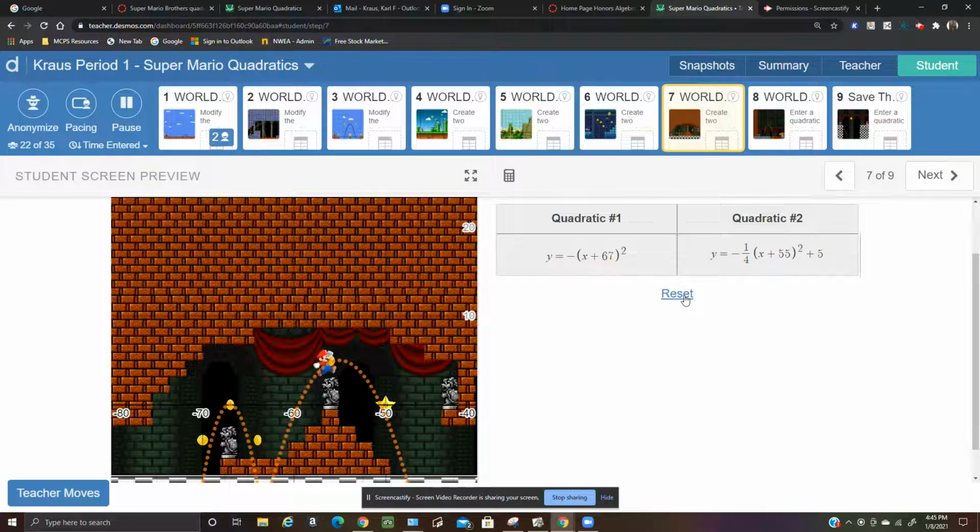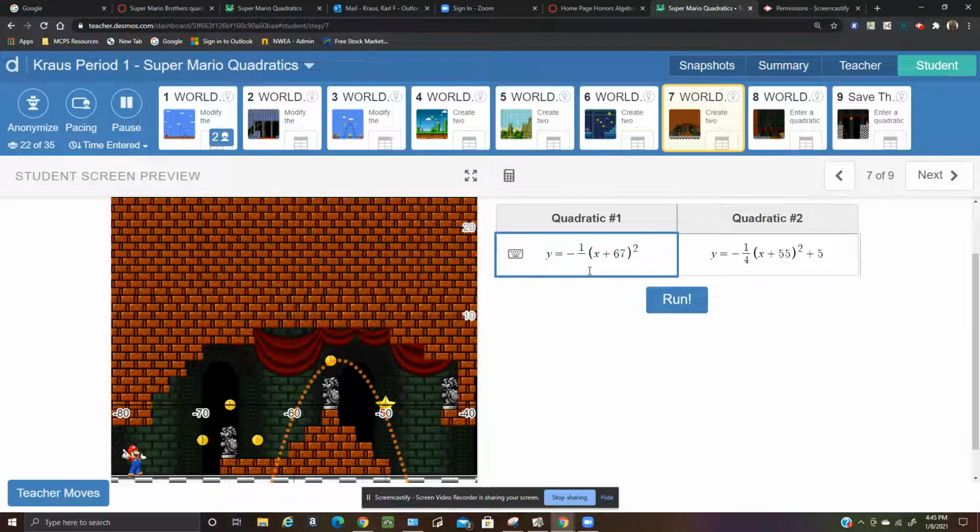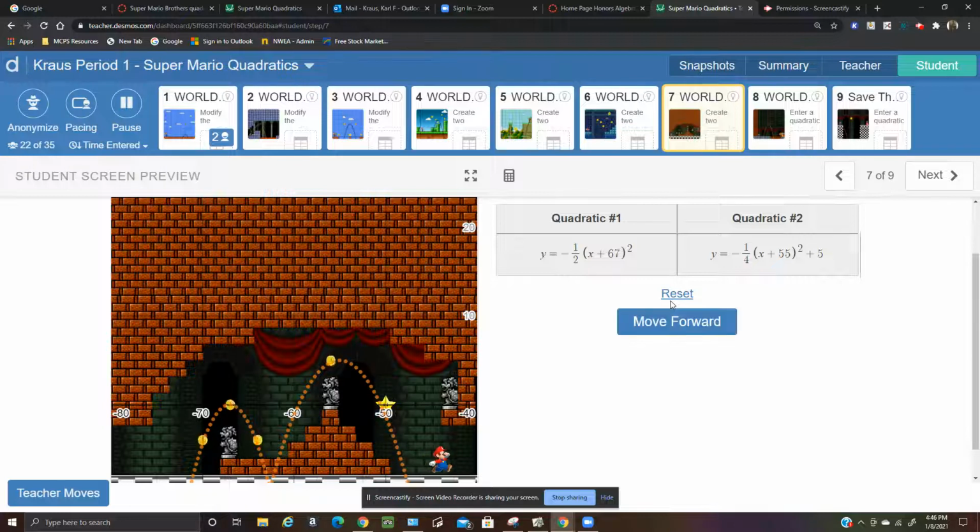Oh, missed one of the coins there. I don't know why I missed that star there.